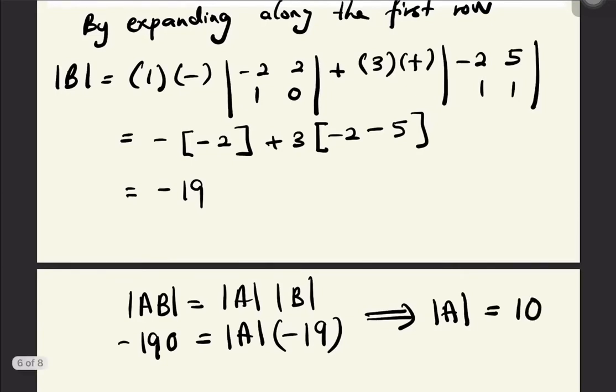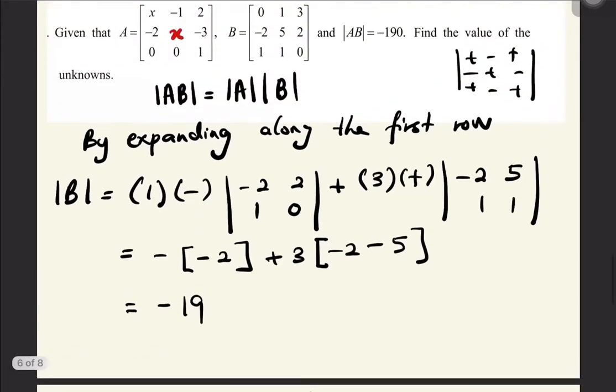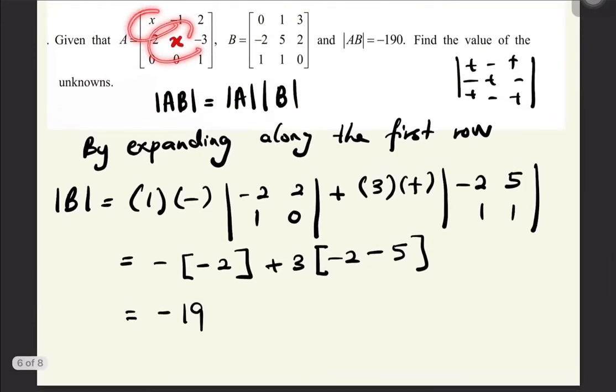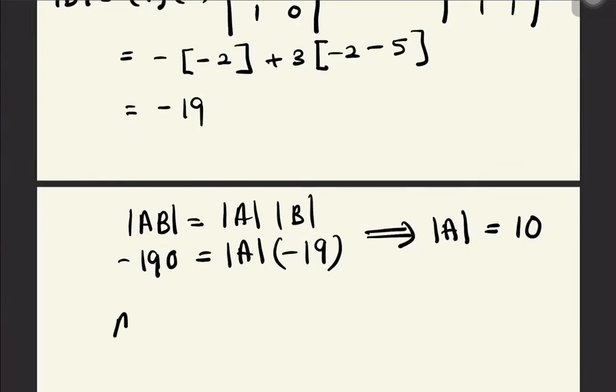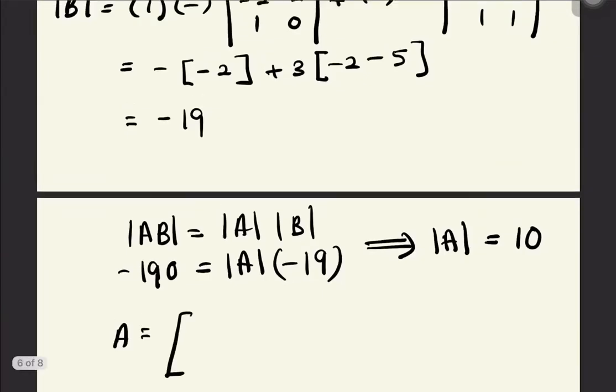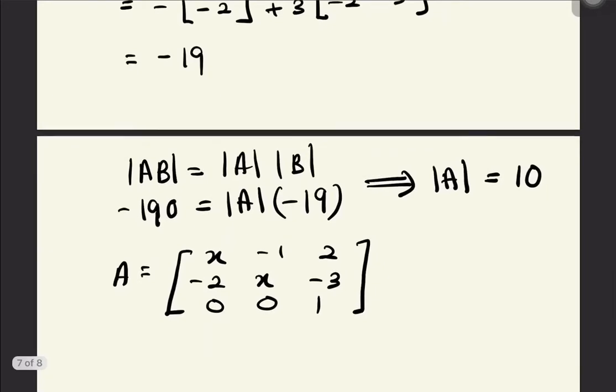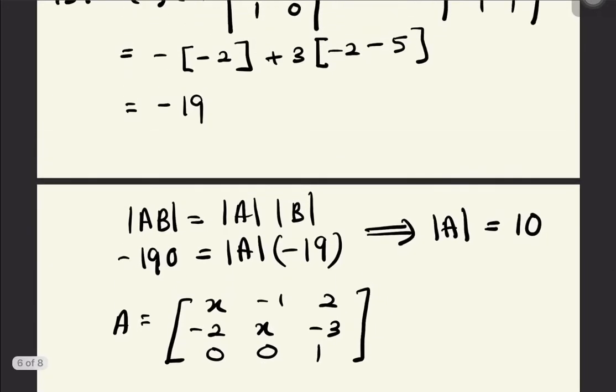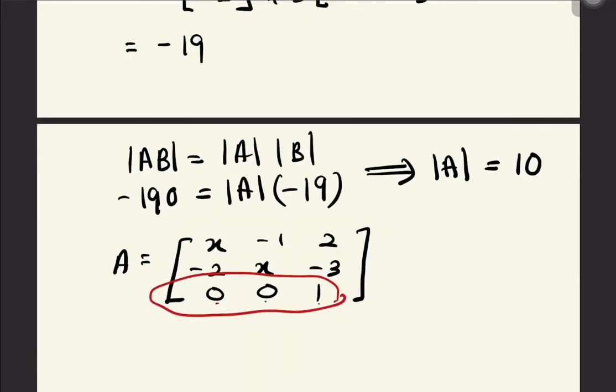So we can use this to find the value of the unknown X. The matrix A is given by, okay, so I'm using the third row. I will expand the third row since I have 0 here. So I can just proceed with the last value.